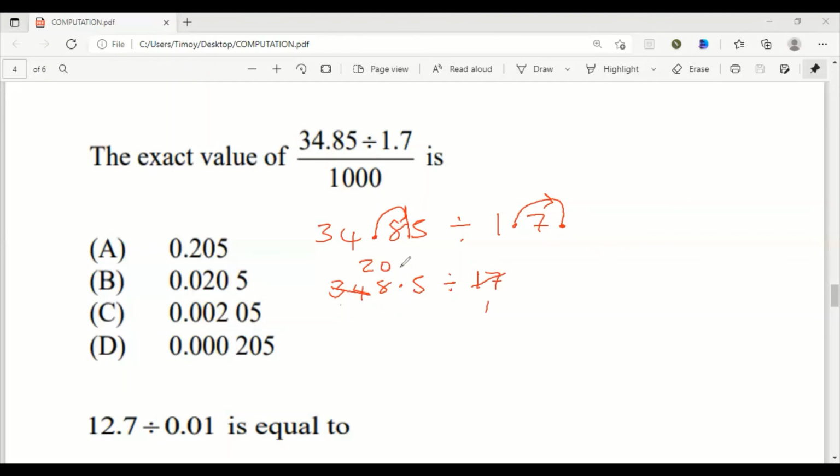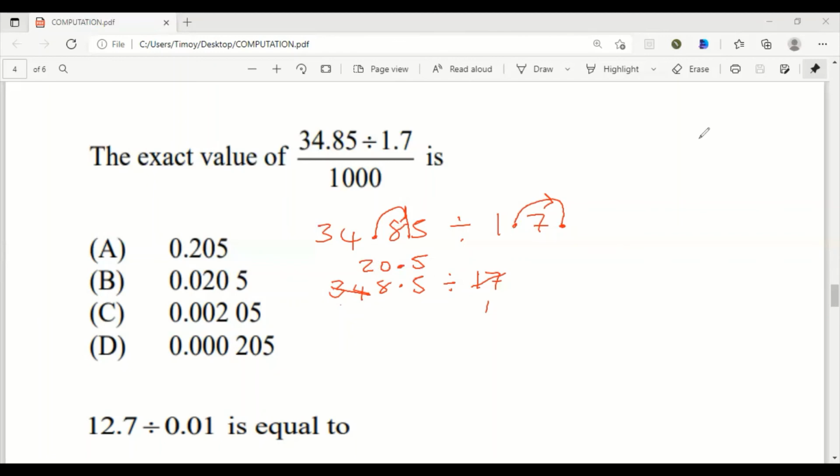And then we carry back our decimal point in the answer. And then we ask ourselves, how many groups of 17 can we get out of 85? And that would be 5, right? So in other words, 348.5 divided by 17 will give us 20.5.